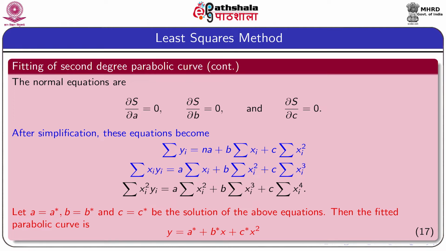Let a = a*, b = b* and c = c* be the solution of the above equations. Then the fitted parabolic curve is y = a* + b* x + c* x².